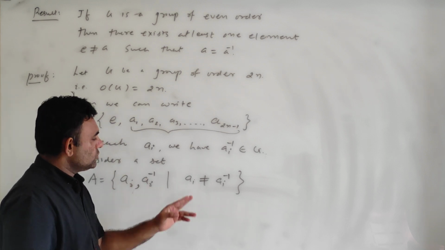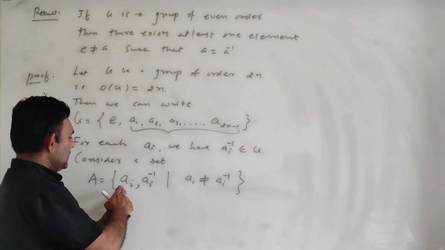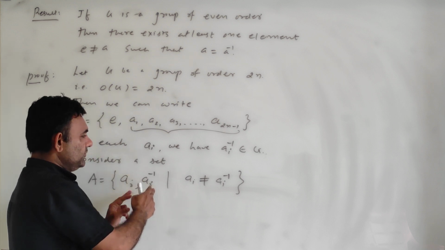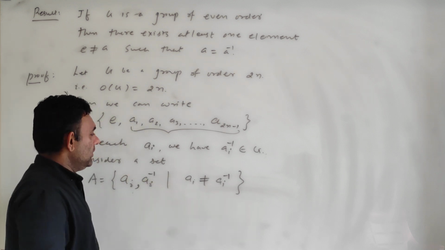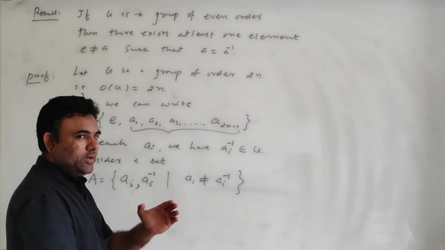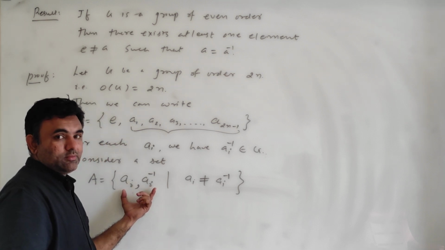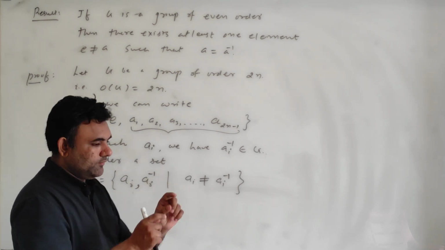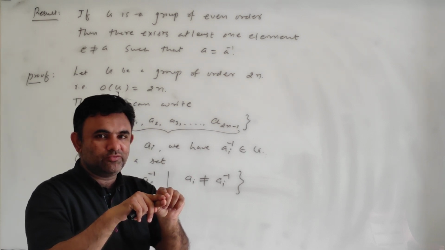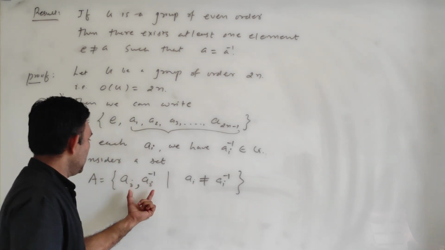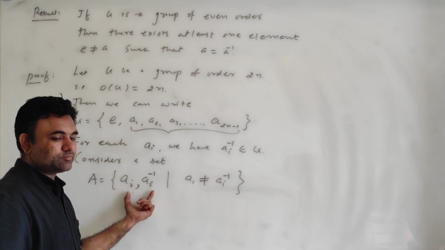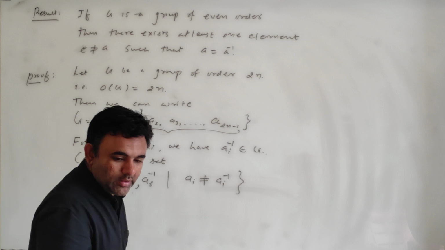So like that, you are collecting those elements and their inverses which are different. Corresponding to every such element you have one pair, so you are listing two elements.